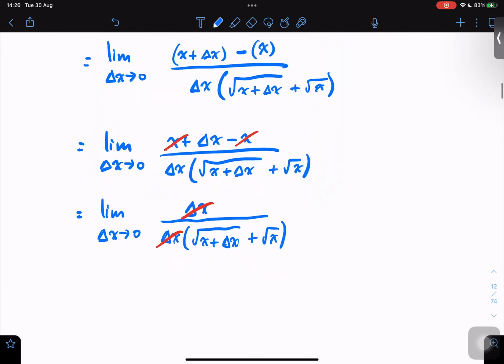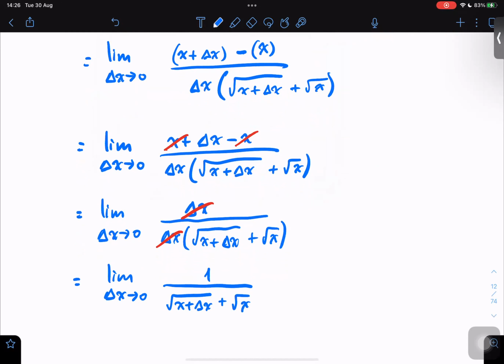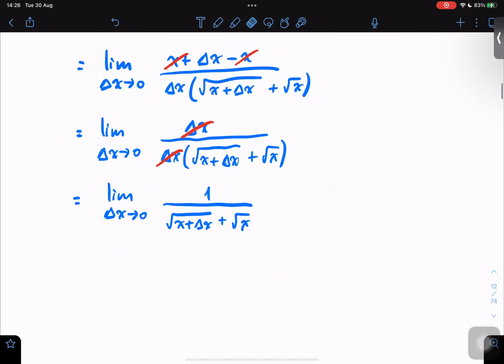Now you are left with the limit of 1 over the square root of x plus delta x plus the square root of x. When delta x approaches 0, you get 1 over the square root of x plus the square root of x, which is 1 over 2 square root of x.